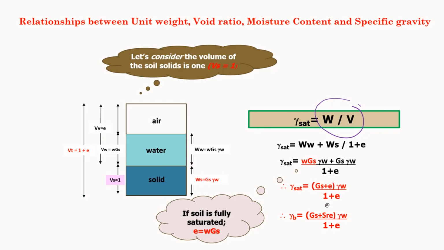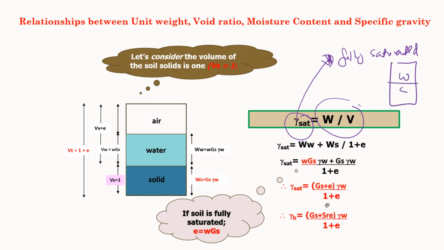When talking about gamma saturated, we are referring to fully saturated soil, so you only have water and solid. So total weight is weight of water plus weight of solid.